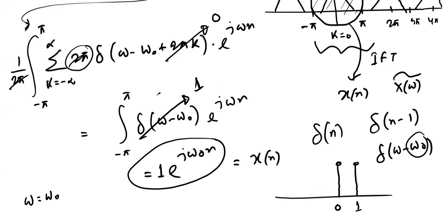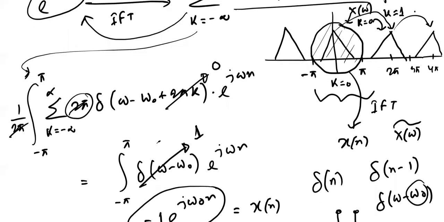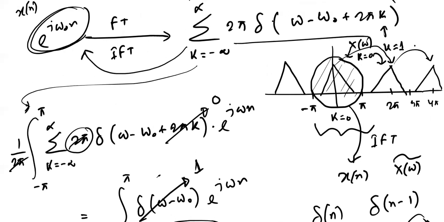So now it's easy to see that this is our x[n]. We got this result.